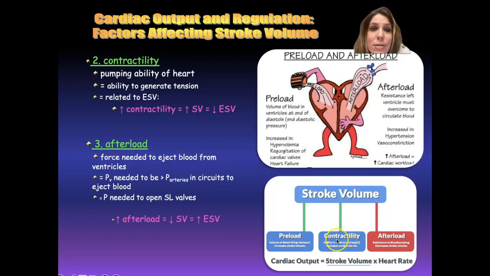And as contractility increases, so does stroke volume. And finally, afterload is the resistance to the pumping of the blood. And so obviously, as you increase your afterload, you decrease the stroke volume. So all those feed into that calculation of stroke volume. And as we said, cardiac output is your stroke volume times your heart rate.